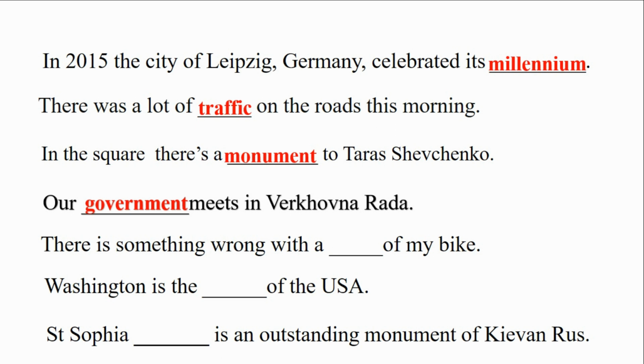Government. Our government meets in Verkhovna Rada. There is something wrong with the wheel of my bike. Wheel. There is something wrong with the wheel of my bike. Washington is the capital of the USA.